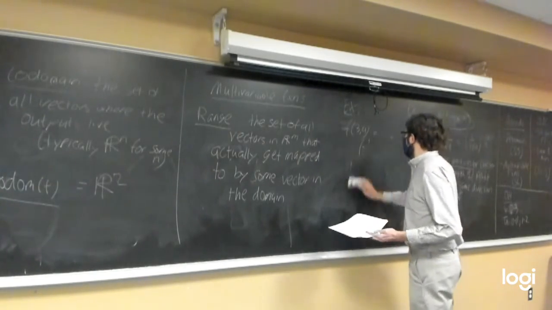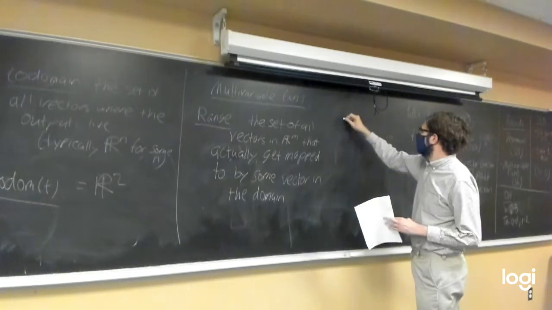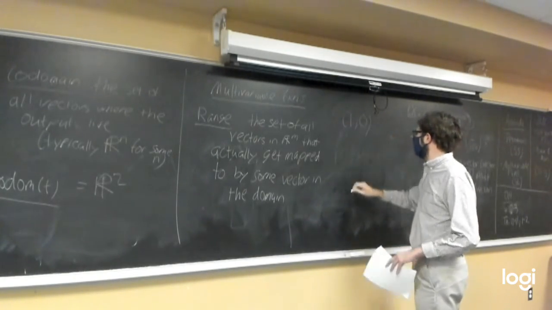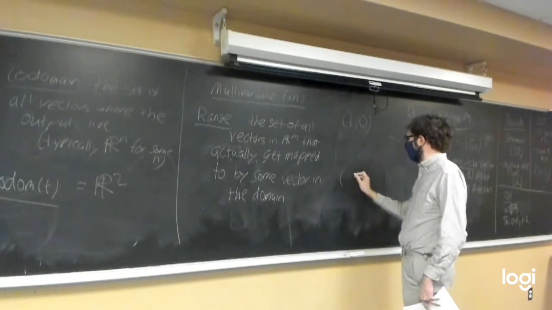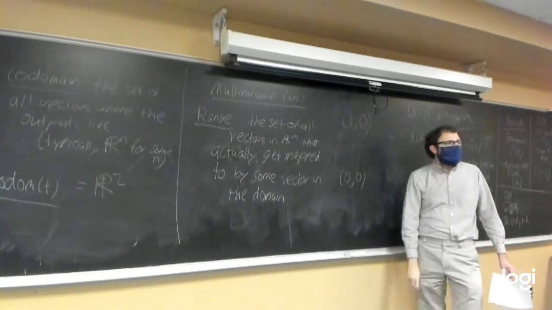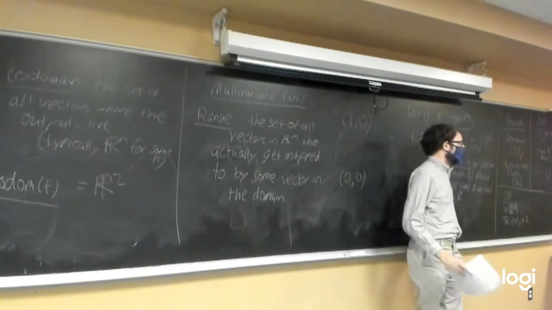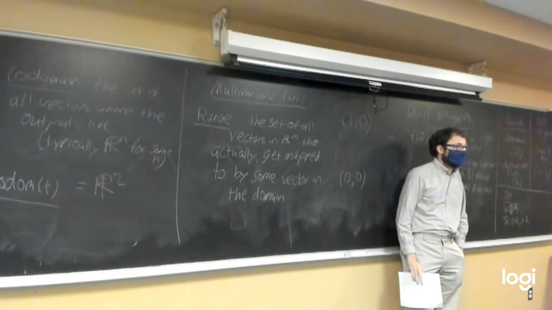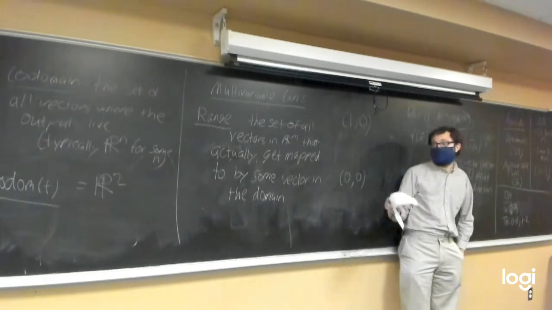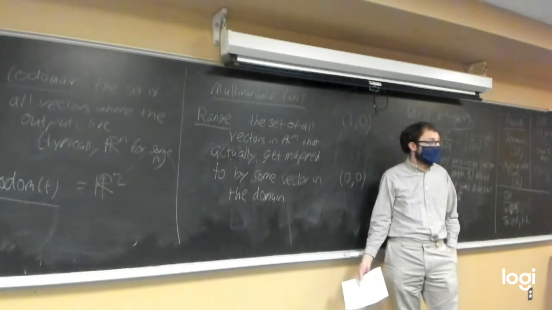So for this case, let's start by just looking at two vectors individually. Which of these vectors is going to be in the range of the function f here? In other words, which of these two vectors is going to have something that maps to it?